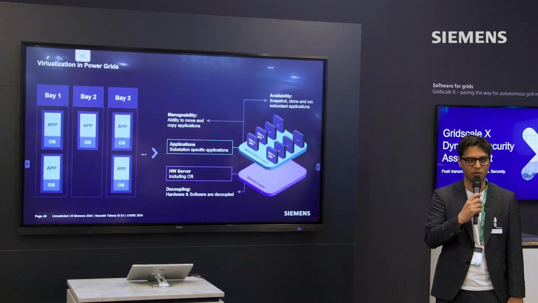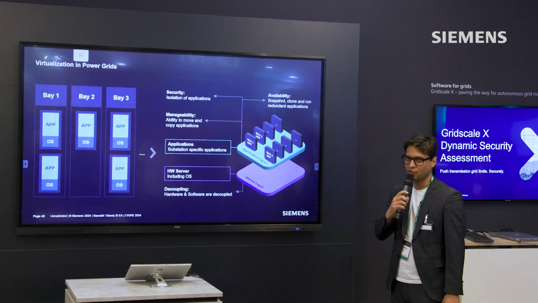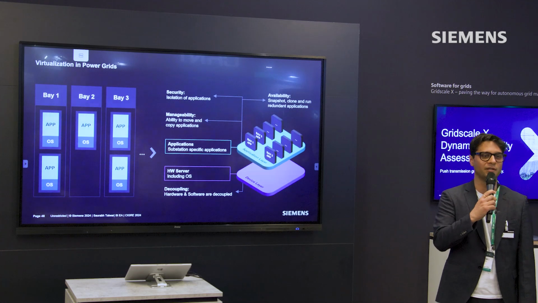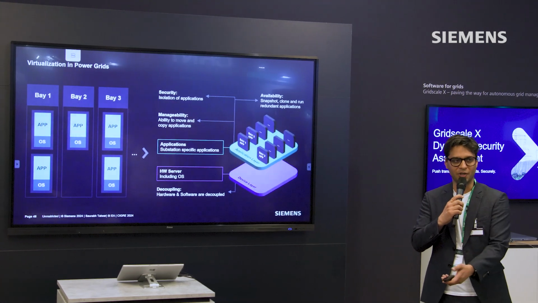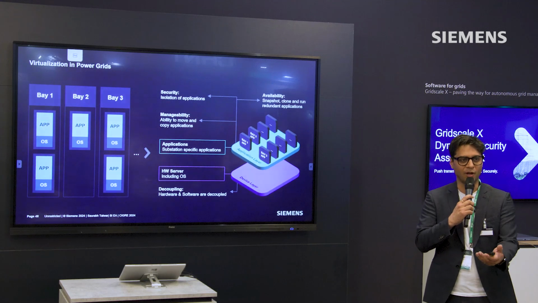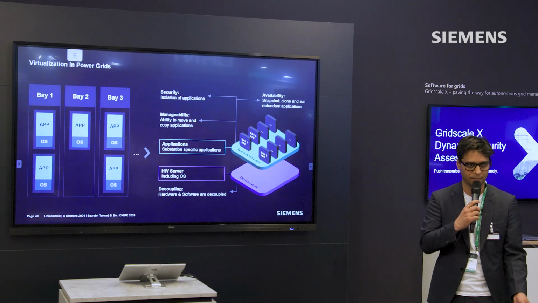So that helps in increasing availability. In addition to that, you will have applications isolated in the context of virtualization. With virtualization, there are two main technologies, virtual machines and containerization. Siemens is focusing on both. But in the context of both of these technologies, you get isolation by design.